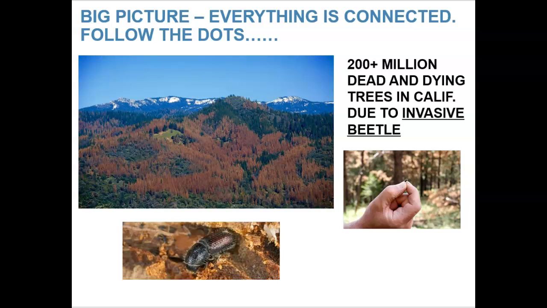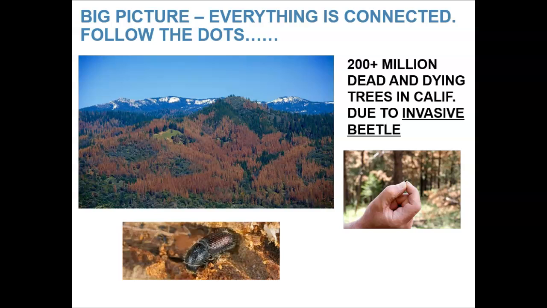They reproduce like crazy. Our pine trees that were here in North America had never seen this particular bark beetle before. They had no immunity to that bark beetle. There were no pests or pathogens to keep that bark beetle in check.